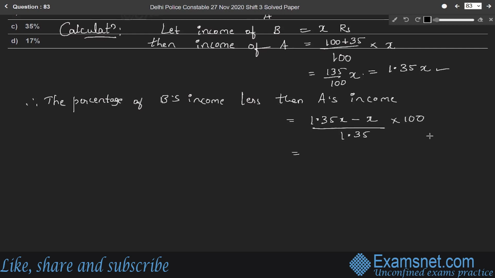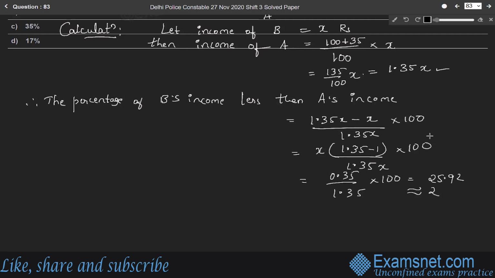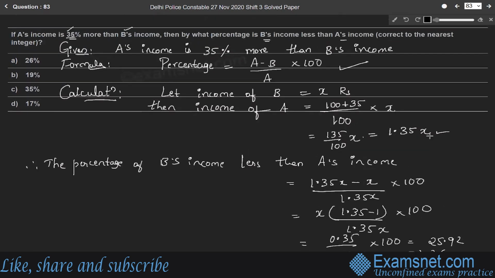So which is equal to, after simplification, here x is the common term, 1.35 minus 1 divided by 1.35, x into 100. X and x will get cancelled, which is 0.35 divided by 1.35 into 100. So which is equal to 25.92, which is nearly equal to 26. Understood? So the answer is 26%.